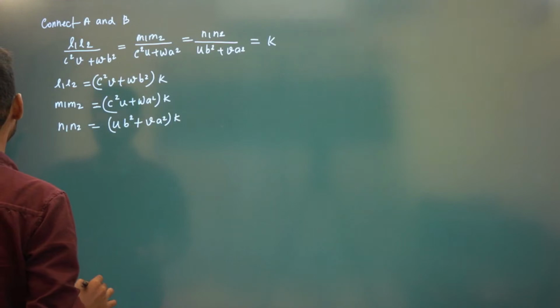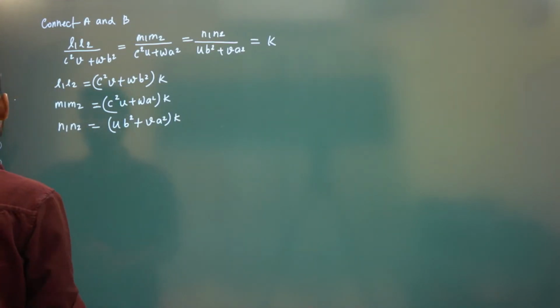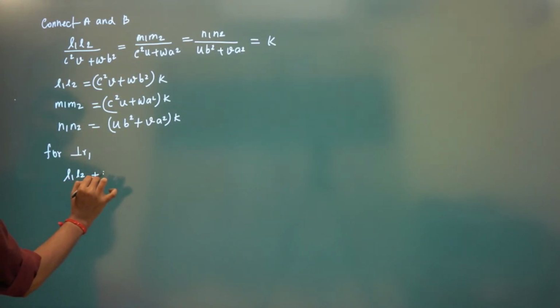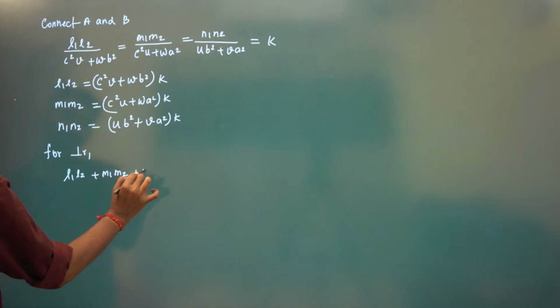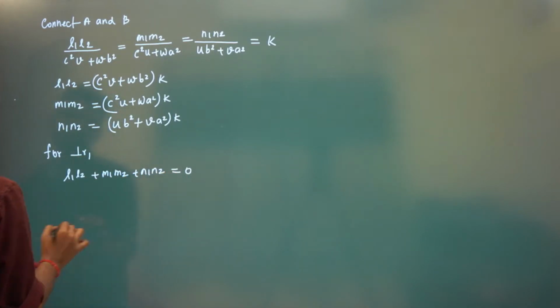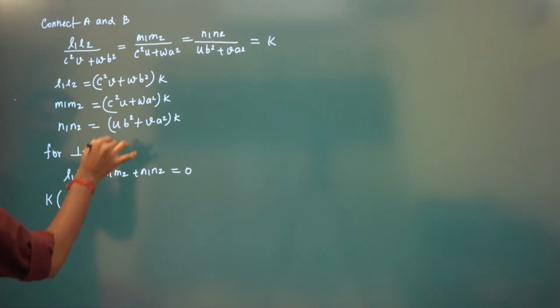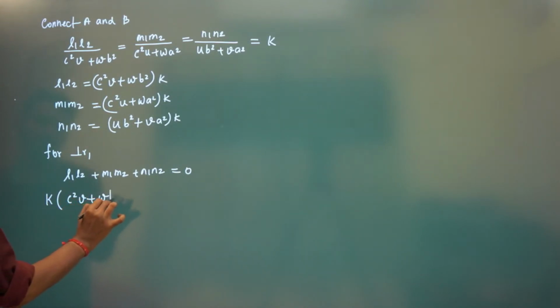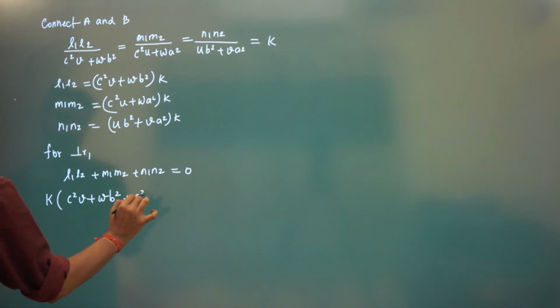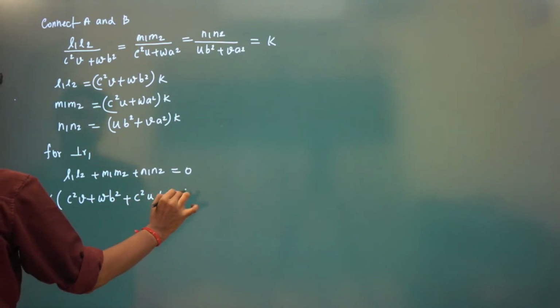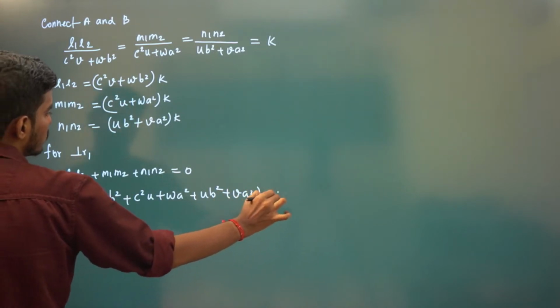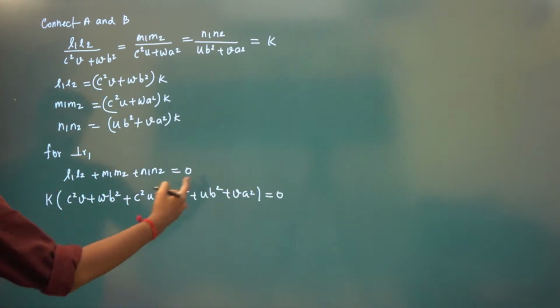Now add it up, l1 l2 plus m1 m2 plus n1 n2, for perpendicular. So for perpendicular, l1 l2 plus m1 m2 plus n1 n2 has to be 0. Take k outside, add it up. So we will have c square b plus w b square, c square u plus w a square, plus u b square plus b a square is equal to 0. This k is not equal to 0, so this has to be 0.